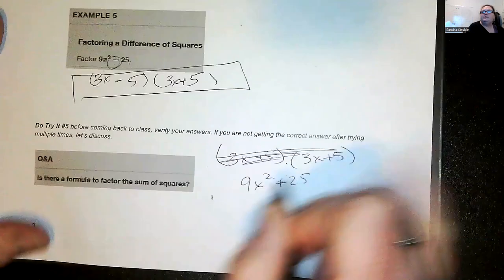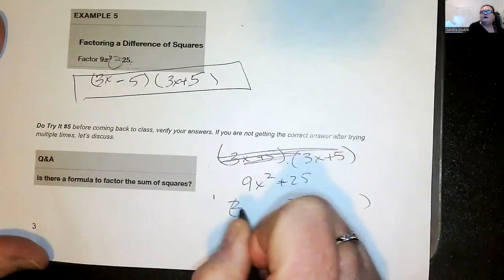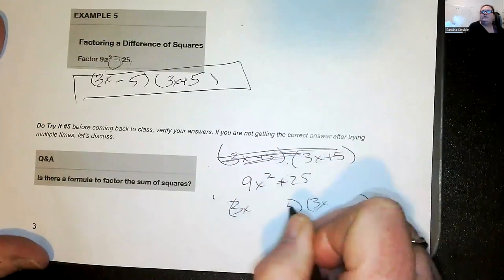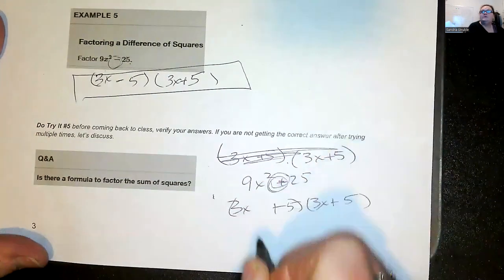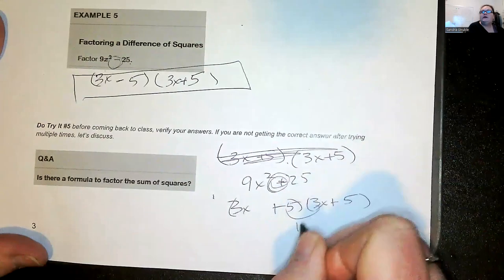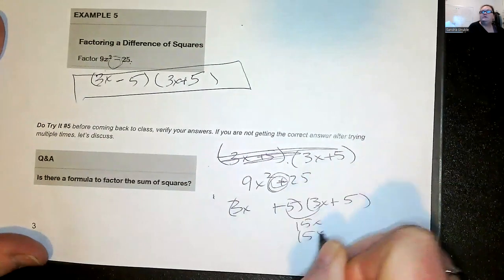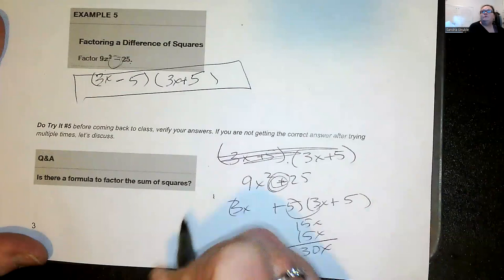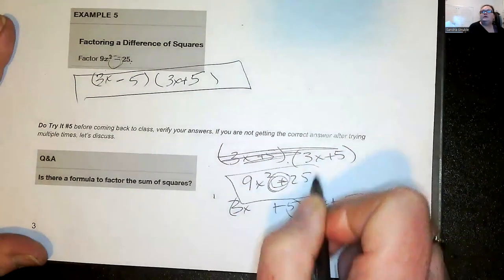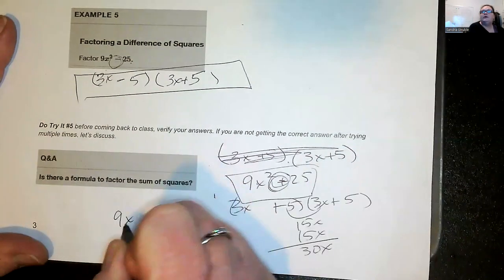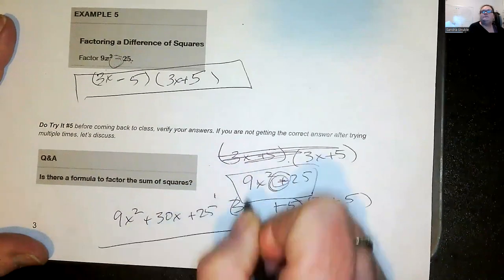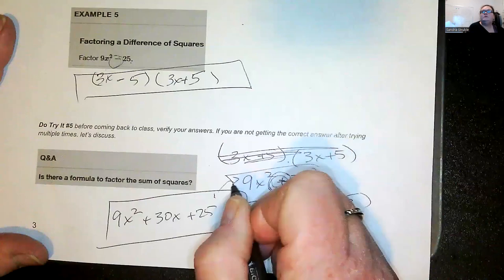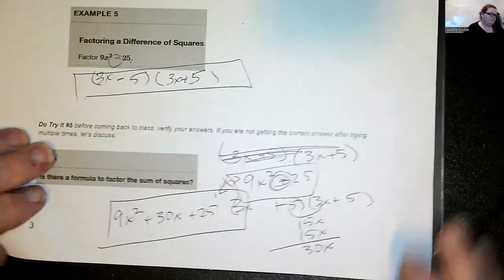Well, if we did that, 3x, 3x, 5, 5, they'd have to both be positive since it's positive. And that would give us 15x and 15x. So no, we're not going to end up with this in the end. We're going to end up with 9x squared plus 30x plus 25. And that's not equal, so it doesn't work.